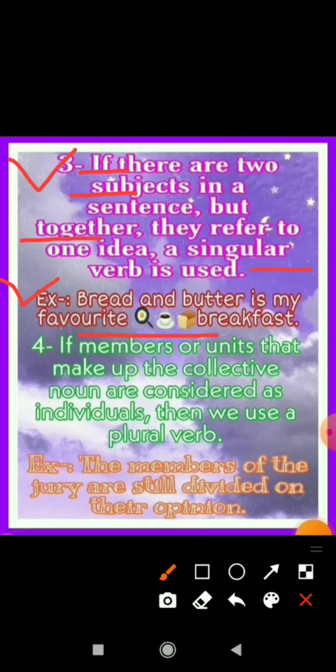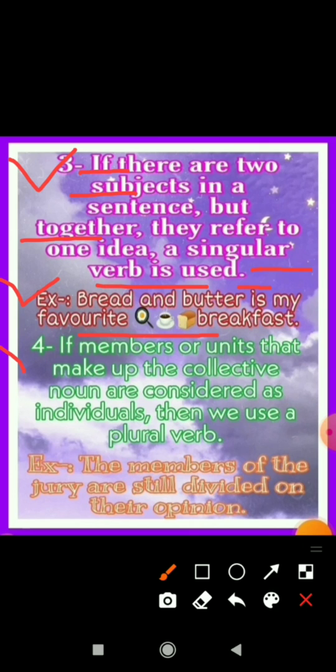In the previous rule we have seen that if we are joining two singular subjects with the conjunction and, we have to use a plural verb, but here we have used a singular verb, because bread and butter is referring to one idea only, because they both are the favorite breakfast of someone. That's why we have used is here. Bread and butter, two separate subjects but they are referring to one idea, that's why we have used is.